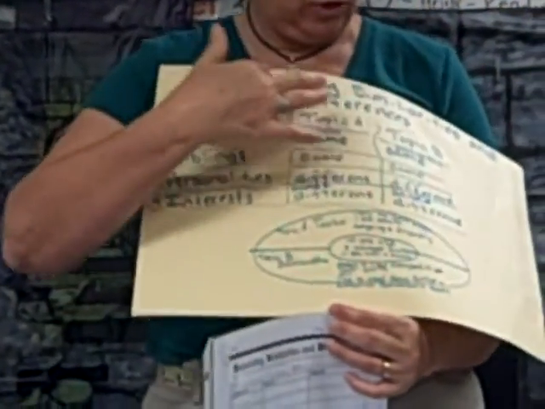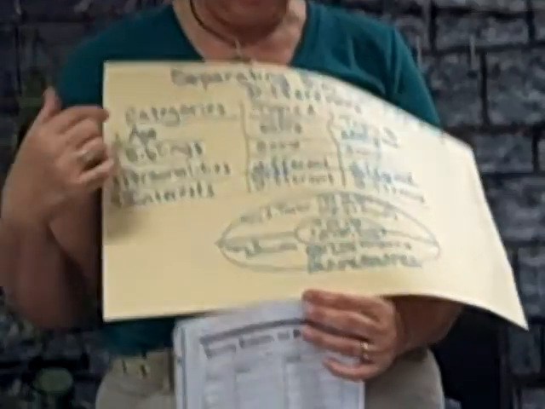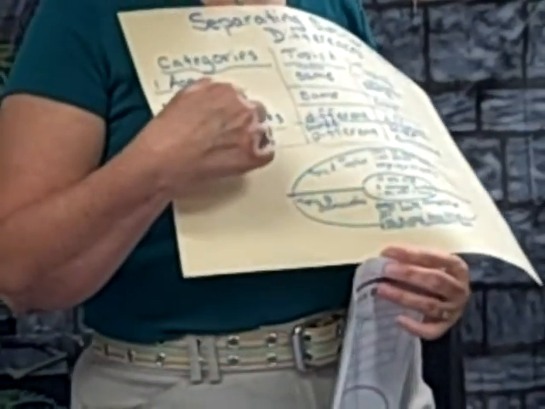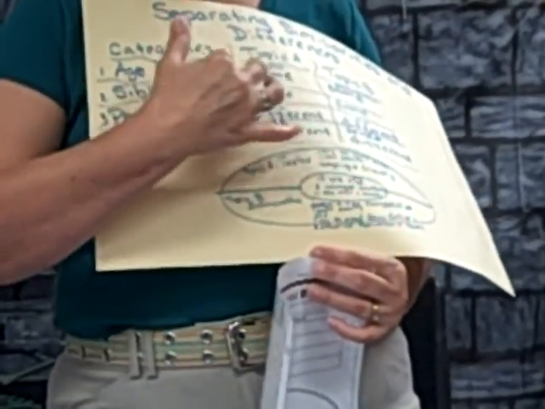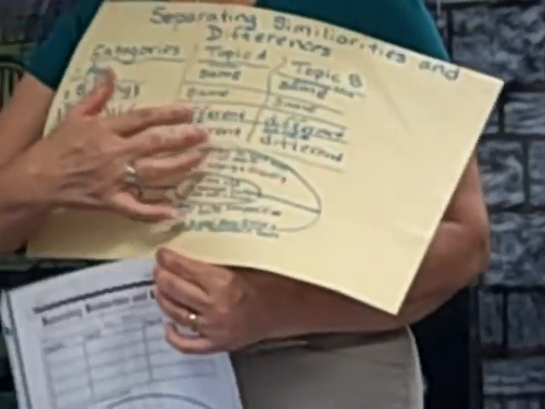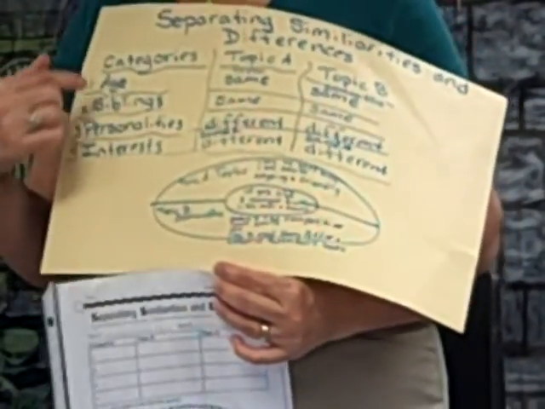I let you know the similarities and the differences. Then I created some categories, because when you're doing a compare and contrast essay, you need to make sure that you have some categories, and then you need to tell if they would be the same for both objects or topics in your paper, or if they're going to be different, because you are comparing and contrasting.